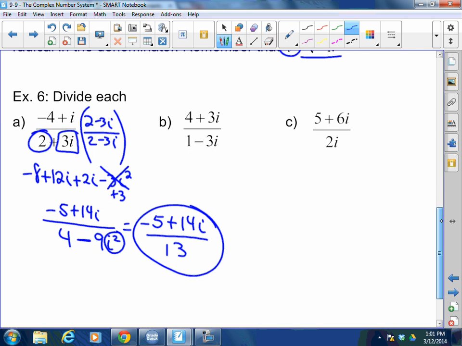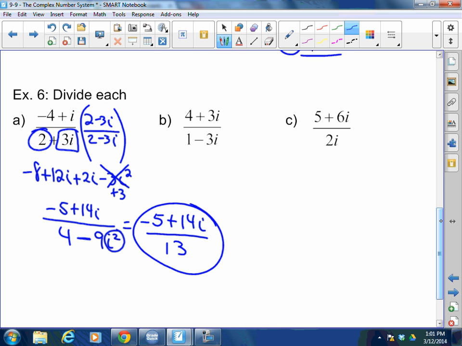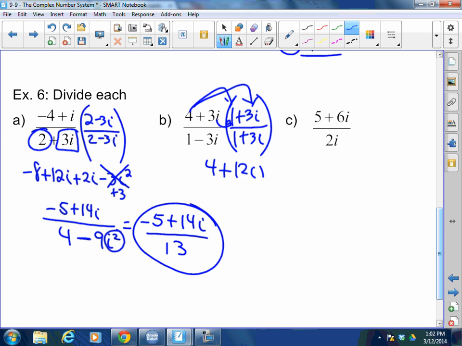Let's do this. 4 plus 3i divided by 1 minus 3i. It's the standard form. What's my conjugate? 1 plus 3i. Okay, let's distribute. 4 times 1, 4 plus 12i plus 3i squared, which is minus 9.